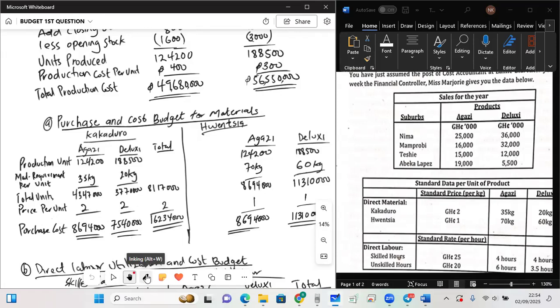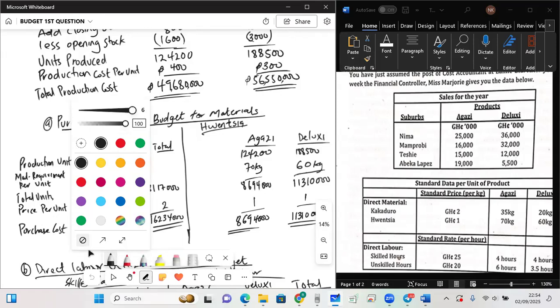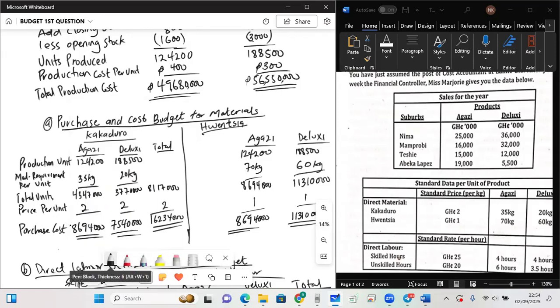Mind you that when it comes to writing money, you have to bring the currency signs. So I forgot to bring it, but please don't forget during exams. So I'll bring the sign.